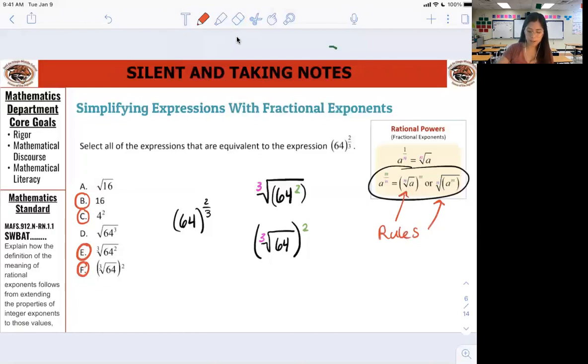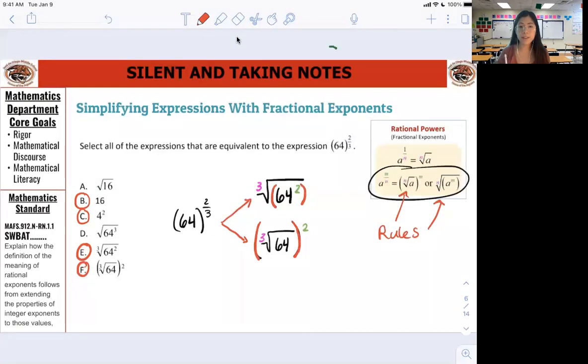I can write it this way or that way. They're both equal. They mean the same exact thing. It's just a matter of what I'm grouping together. In the top option, I'm grouping together 64 squared. In the bottom option, I'm grouping together the cube root of 64.